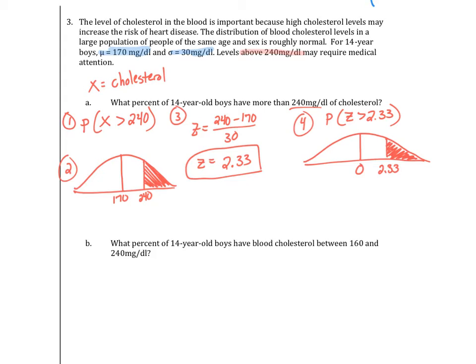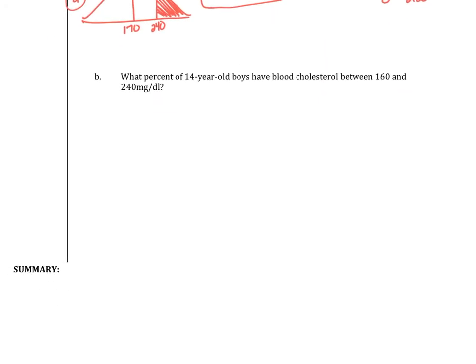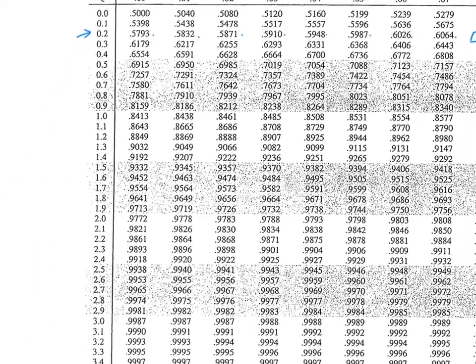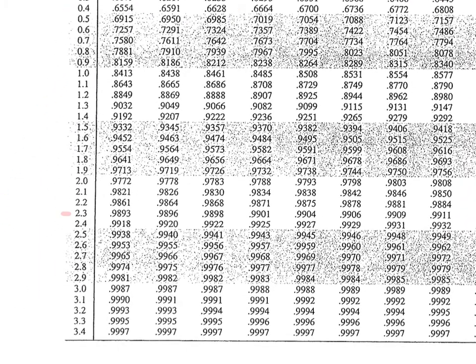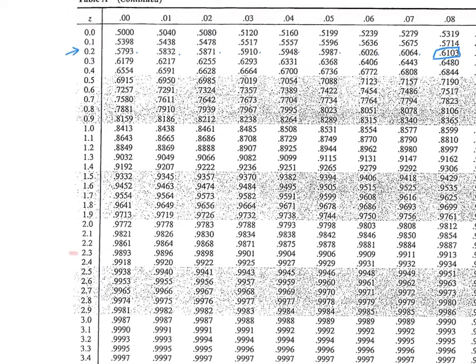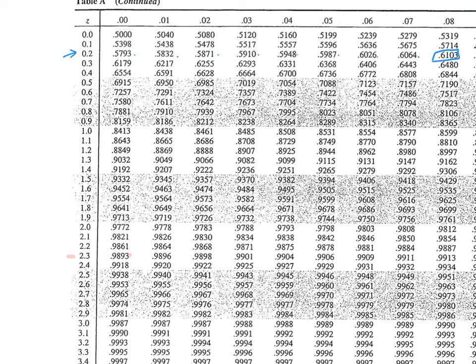I'm going to slide down to my table and find the z-score for 2.33. So positive 2.3 is here. So we have 2.30, 2.31, 2.32, and here's 2.33. 0.9901.